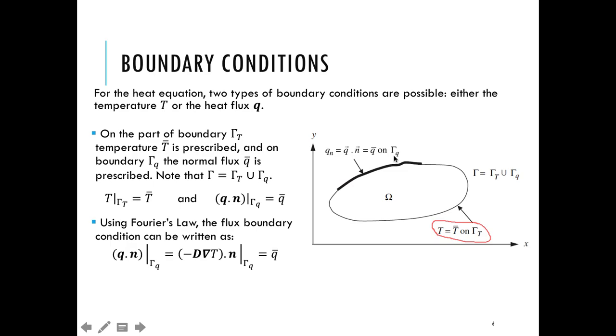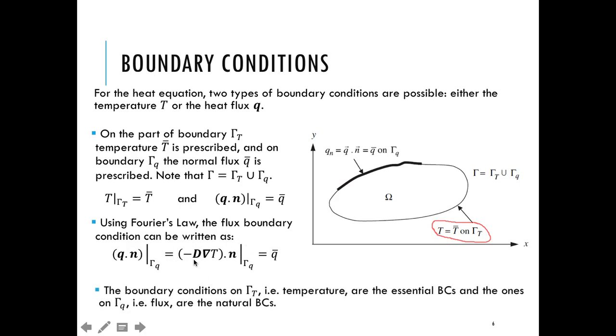Yes, using Fourier's law we can also represent the essential boundary condition another way by substituting into it. Not very important. Okay, so as I said, temperature is the essential boundary condition and flux is the natural boundary condition for this problem right here.